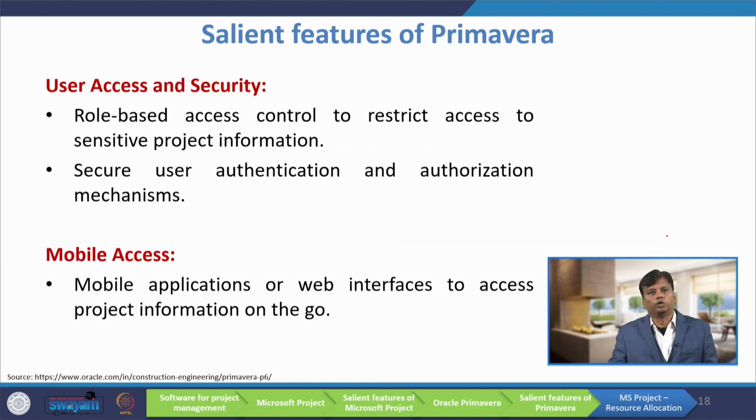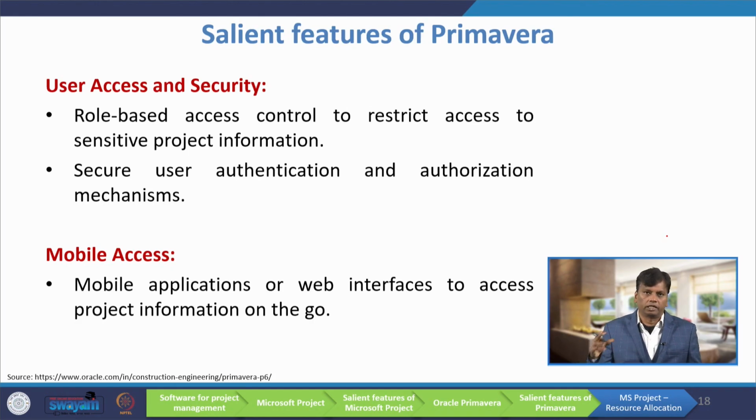Another feature is user access and security. Role based access control to restrict access to sensitive project information. For example, the project manager may have full access to all project activities. Suppose the lower level manager may not have full access.